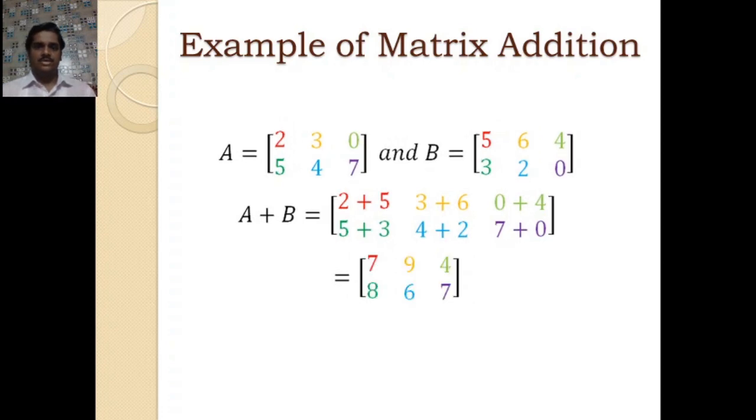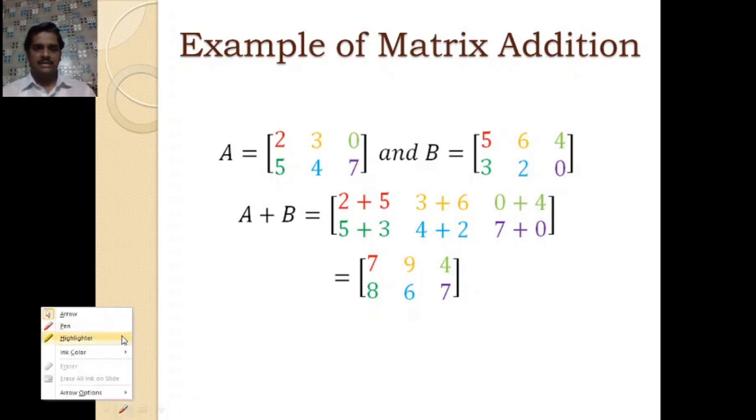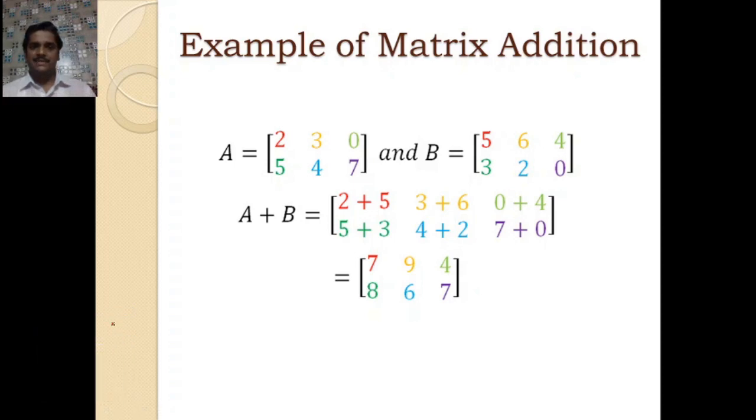Okay, so in this example, you all can see that to explain this concept, I use two things. One is the color combination and second is the GIF image. So I have a red color element 2 and a red color element 5, which get added, 2 plus 5 to give you 7.